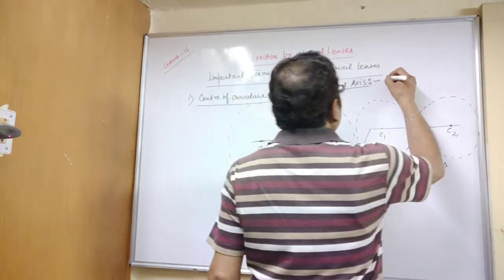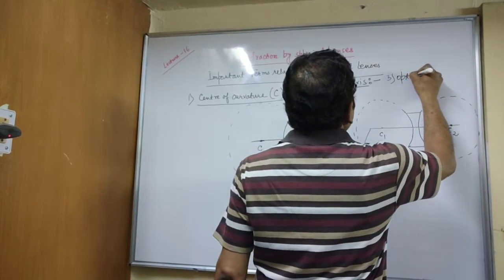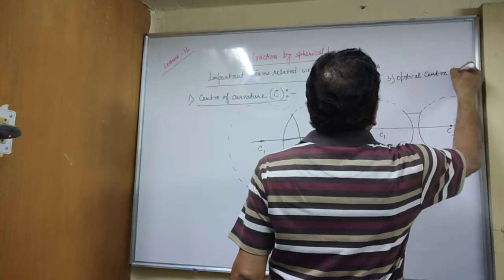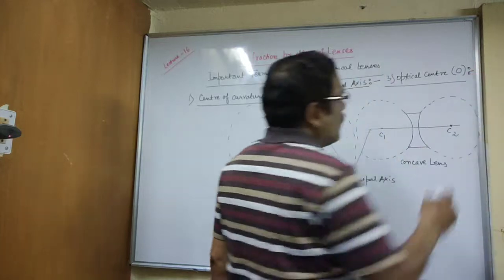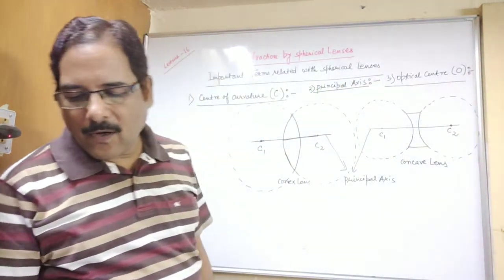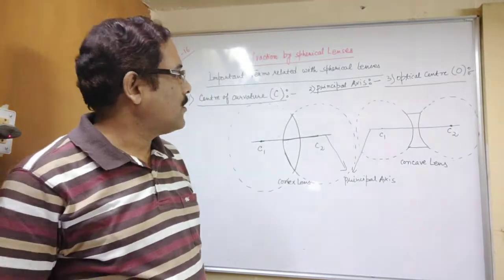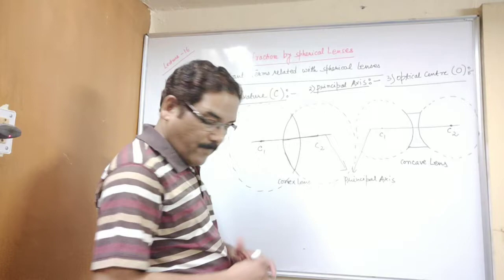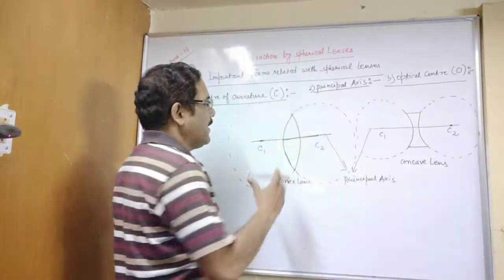The third important point is optical center. The symbol for optical center is O. So optical center is the central point of the lens.